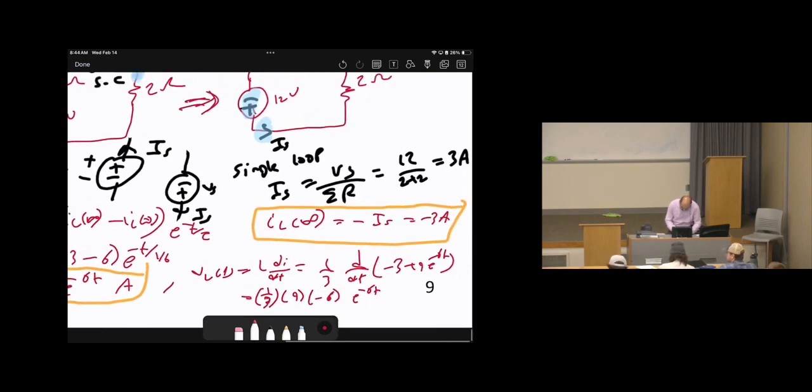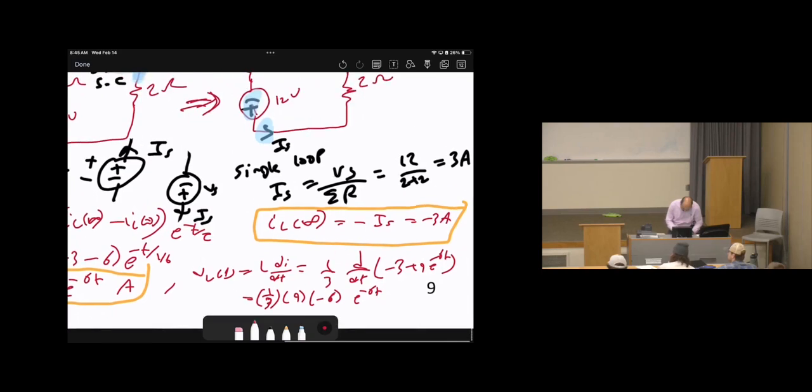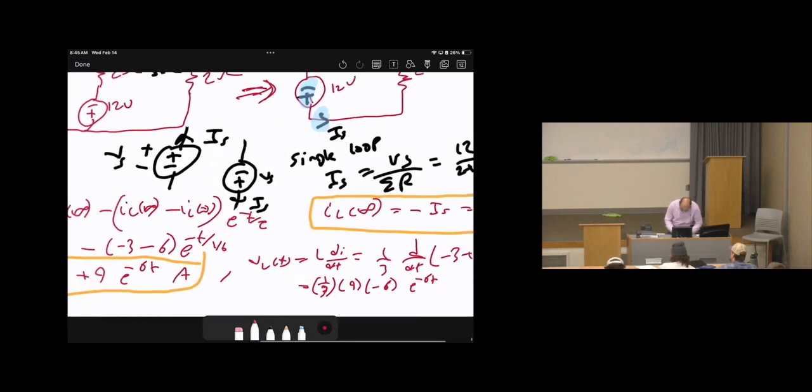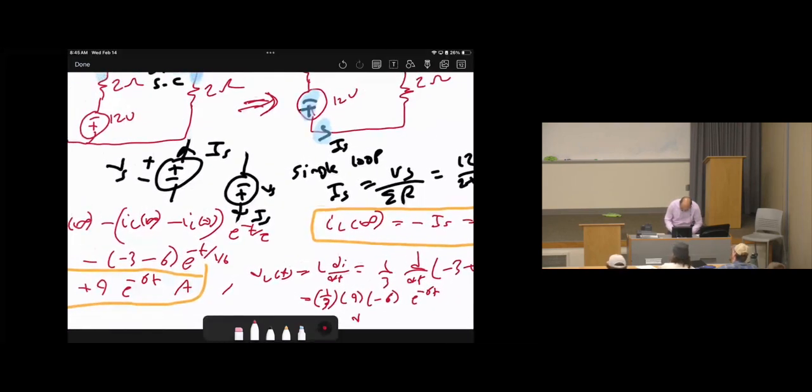I didn't have any space, so I can write it here: VL of t will be negative, 6 divided by 3 is 2, times 9, 18, e power negative 6t volts, and t will be in the exponential. Then box your answer. So therefore we can say problem done.